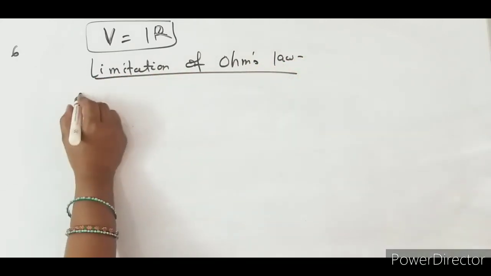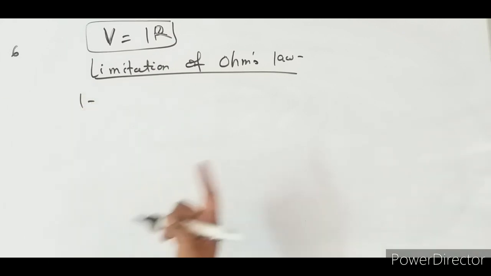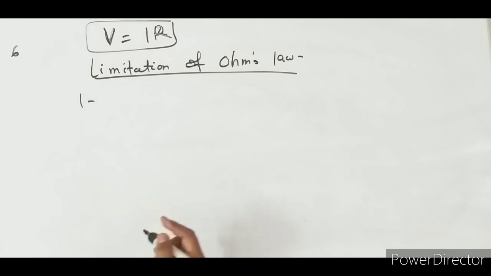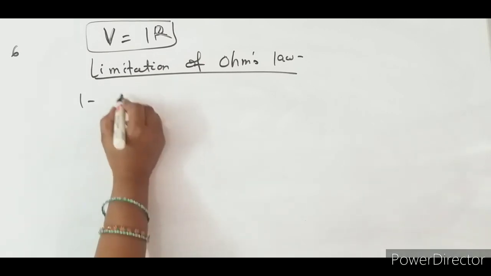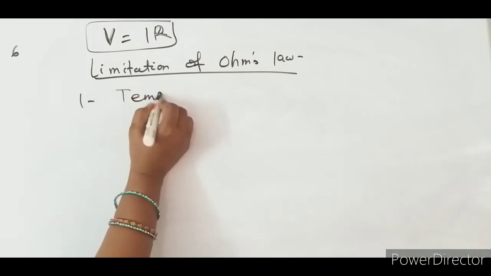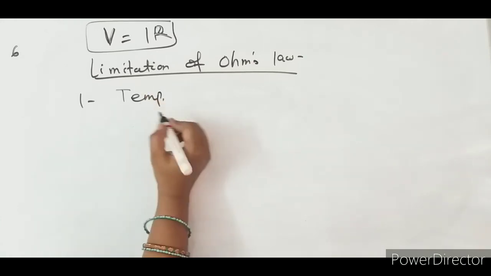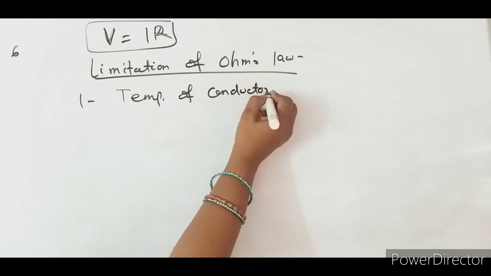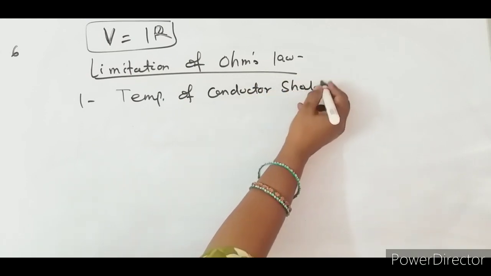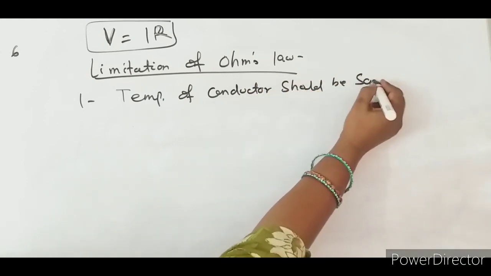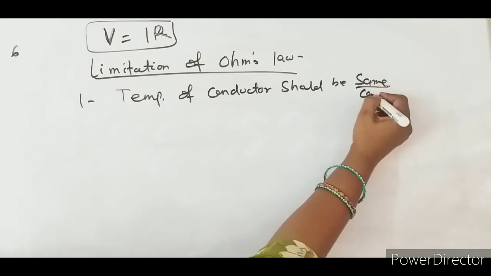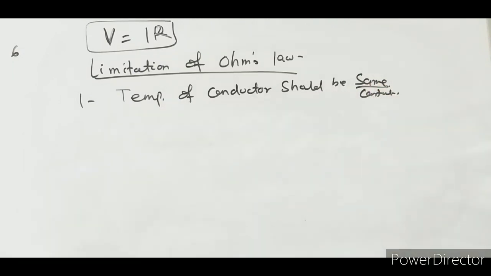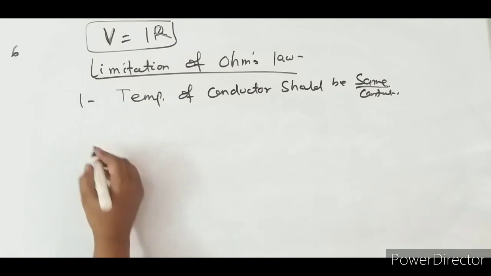First of all, it is said in the law itself that the temperature of the conductor should be constant.